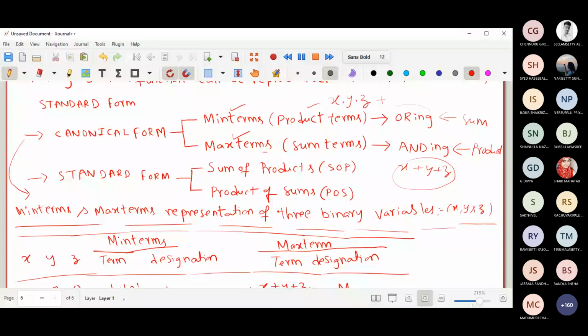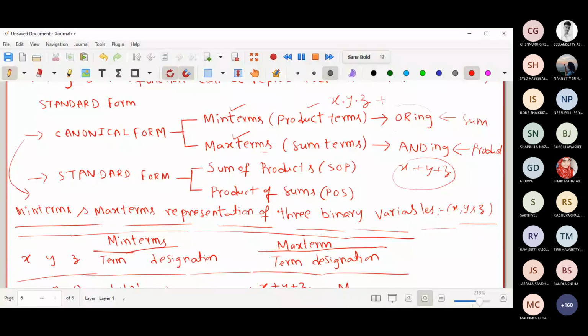Suppose the Boolean expression has min terms or max terms, then we call it a canonical form. That is the difference between canonical form and standard form. If you go through this topic, we'll get the difference.